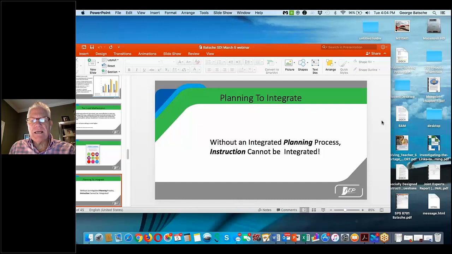So the key to all of this is how instruction is planned. What we don't want, and we all know, we're all grown-ups here, and we know that systems have a way of having practices that may be either convenient or tied to schedules, but are not necessarily the best for kids.